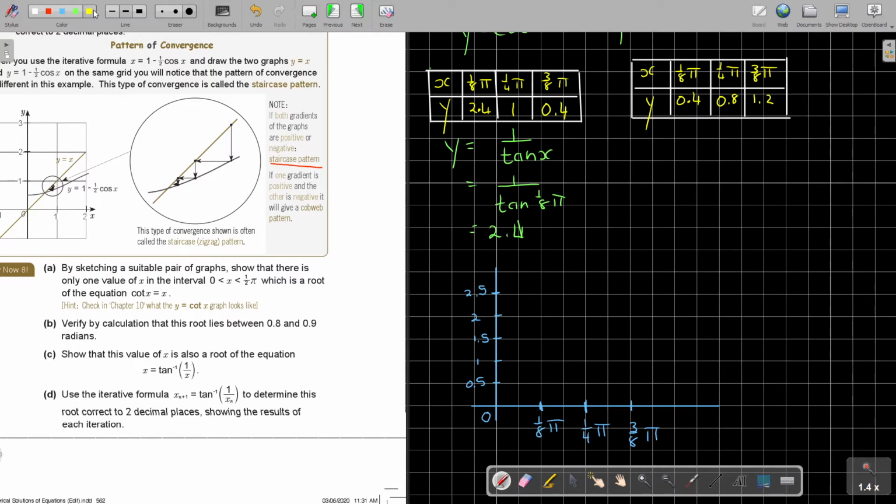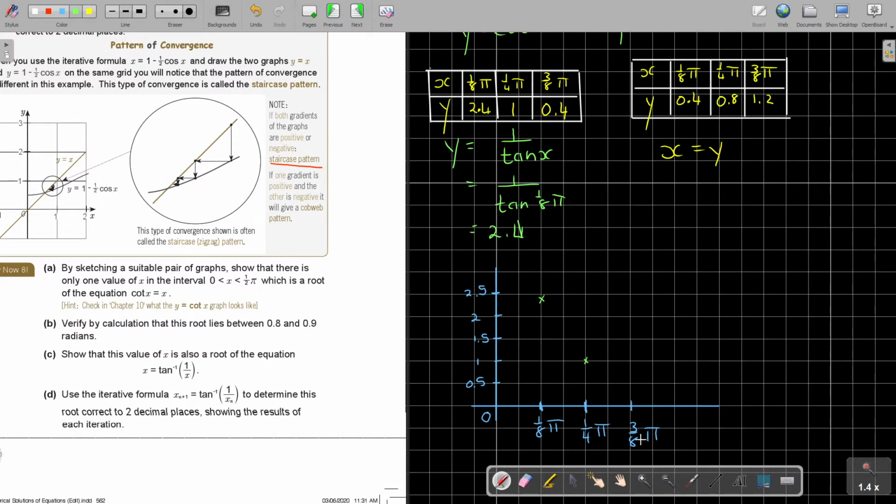So let's just start with, remember this one, I'm just going to keep it yellow, x equals y. I'm just converting that pi to a number. Okay, so if I'm going to start with my, let's make this green. So it's 1 over 8 and it's 2.4. So 2.4 is approximately, oh yes, this must be green, 2.4. Okay, and then a quarter, and that is 1.